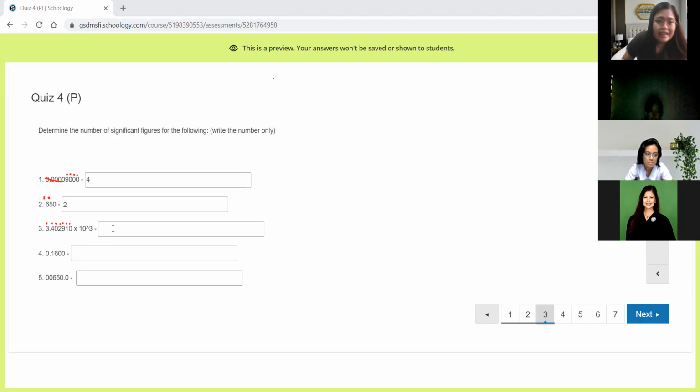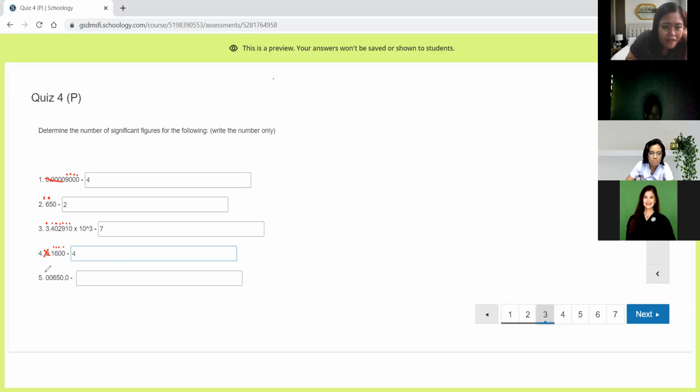So the answer here is 7. That is also true for number 4. This is not included. All kinds of leading zeros are not significant. So 1, 2, and our rule for trailing 0 also applies here, because we have a decimal point, so they are included. So 4 is the correct answer for number 4.